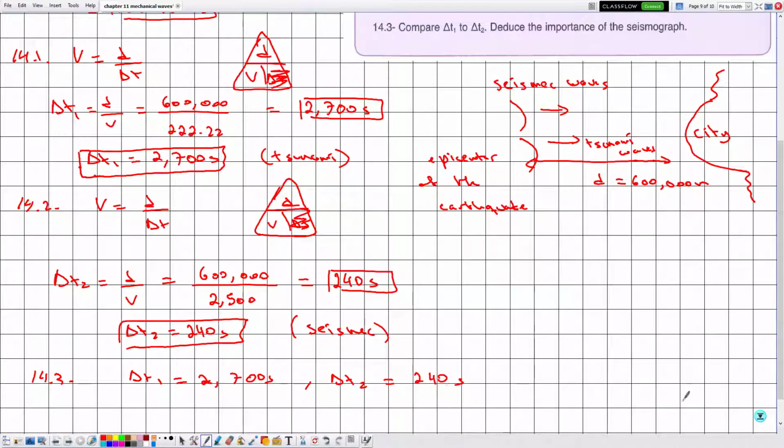So in this case delta t1 is greater than delta t2. So here let me clarify. Delta t1 corresponds to the tsunami waves, it takes more time for the tsunami waves to reach the city from the epicenter. We can say also the following, that the seismic waves will reach the city before the tsunami waves.